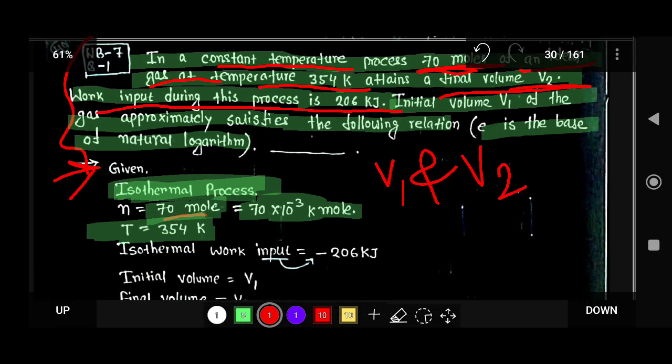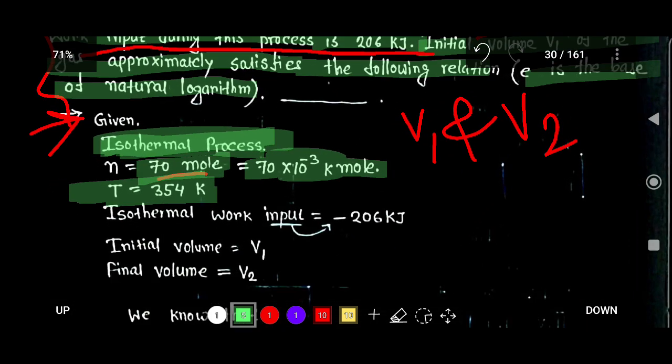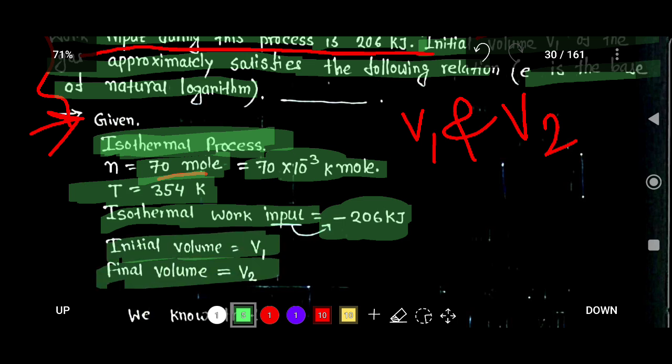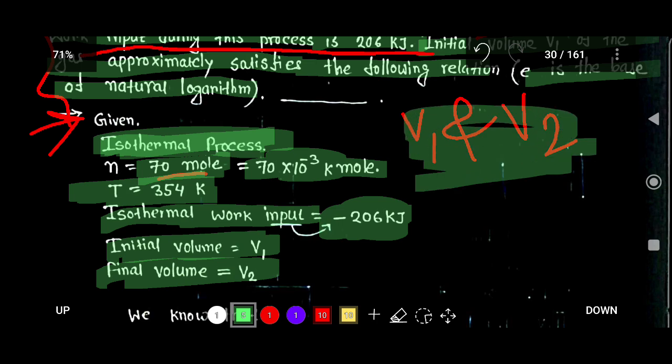That is why, since isothermal work input is there, it is a minus sign, minus 206 kilojoule. Now the initial volume is V1 and the final volume is V2, and you have to find the relation between V1 and V2.